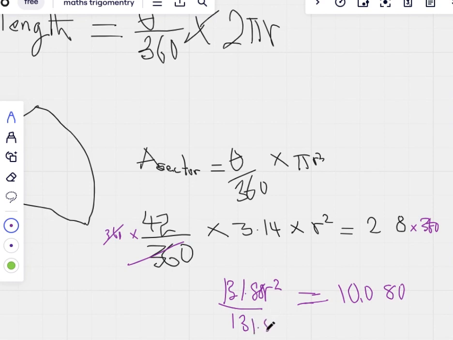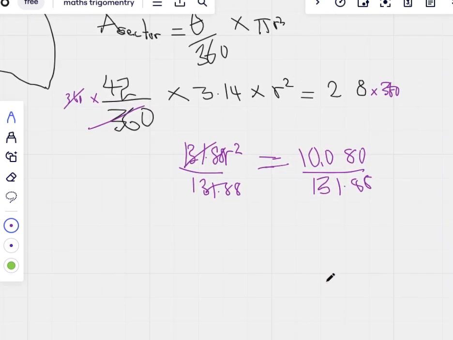So we divide 10,080 by 131.88. What do you get? We approximate to the nearest whole number, whatever we get, or 2 decimal places as the question has demanded.